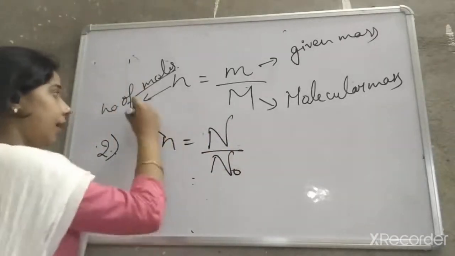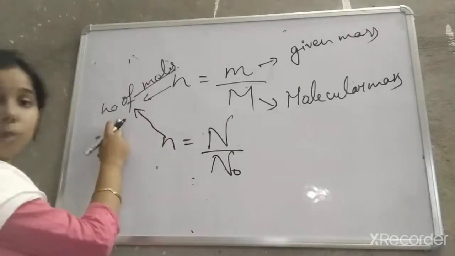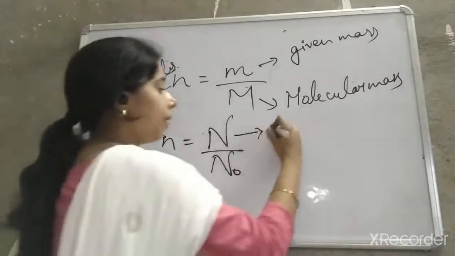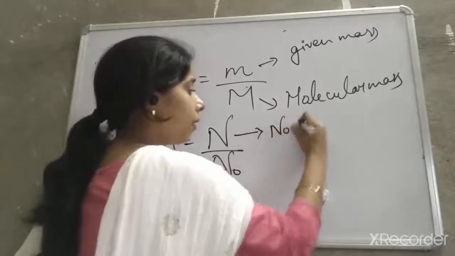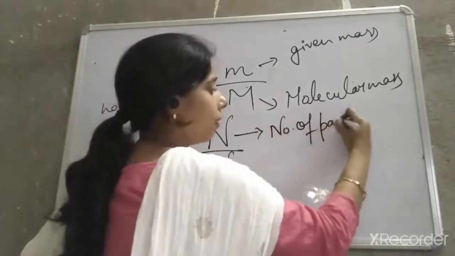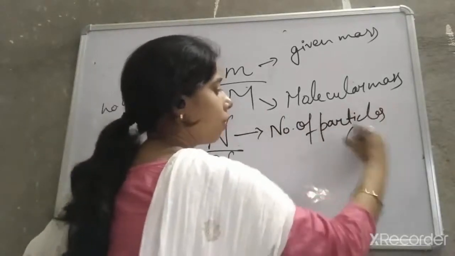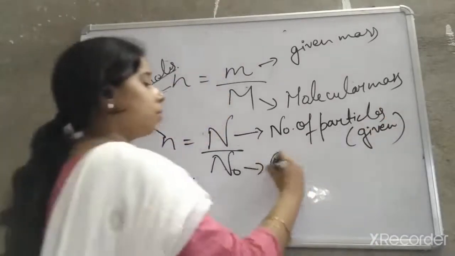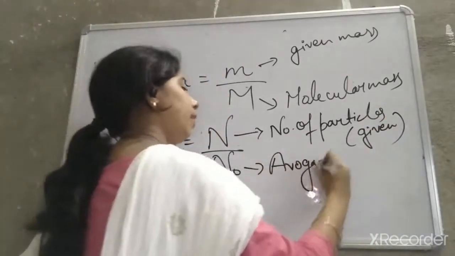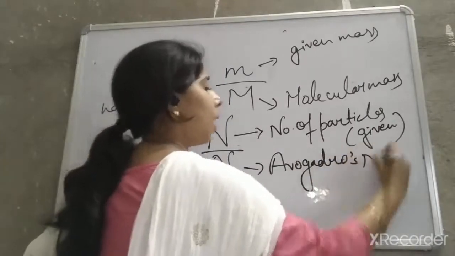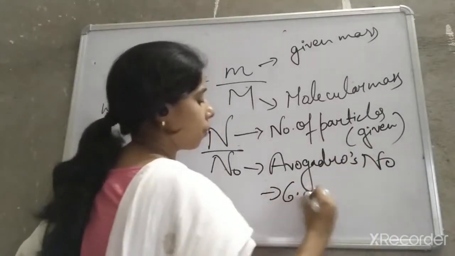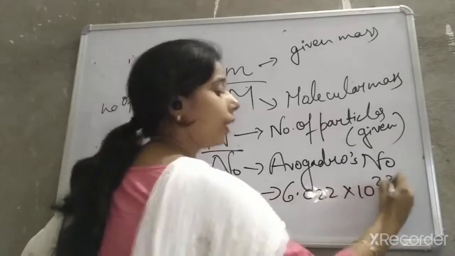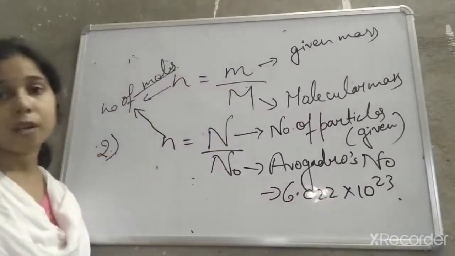Again n is the number of moles, capital N is the given number of particles, and N naught is the Avogadro's number, which equals 6.022 × 10^23, which is fixed and which we know.